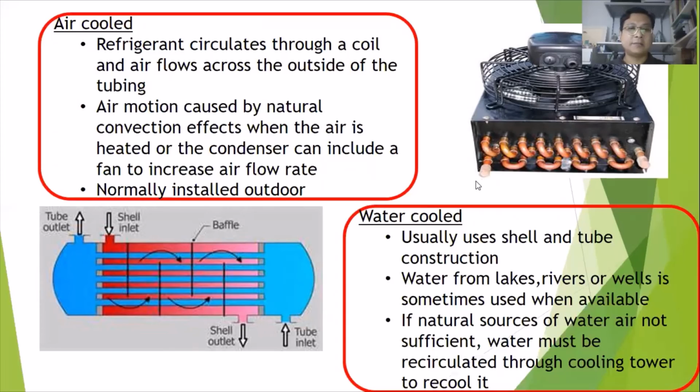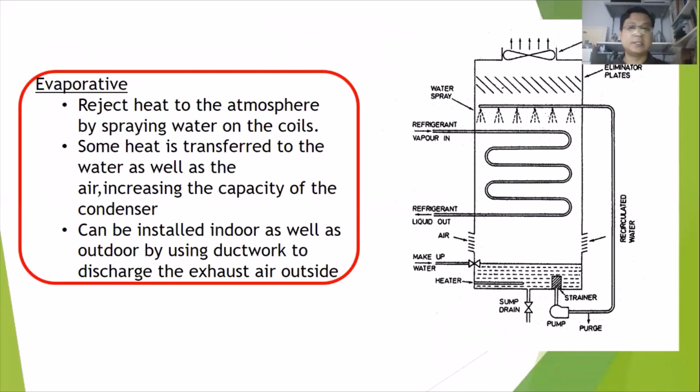Okay, you can see it using a tube. This one uses forced air because I have the fan here. So in the air cooled and water cooled systems, we can use water or air. If air cooled, just force the air through the tube, maybe through the fin or the tube. Okay, now we can see the evaporative system, which gives something like raindrops onto the spiral tube.